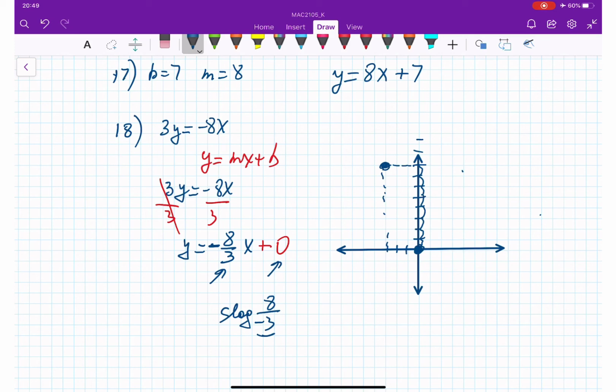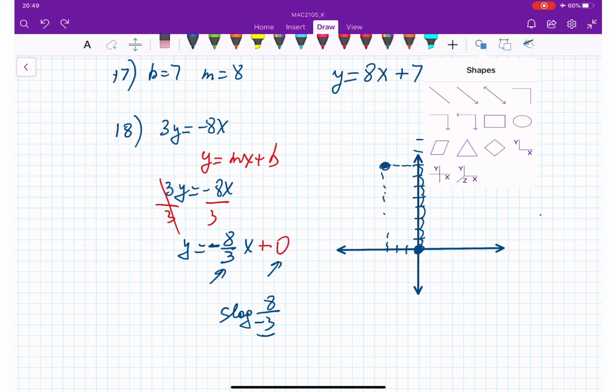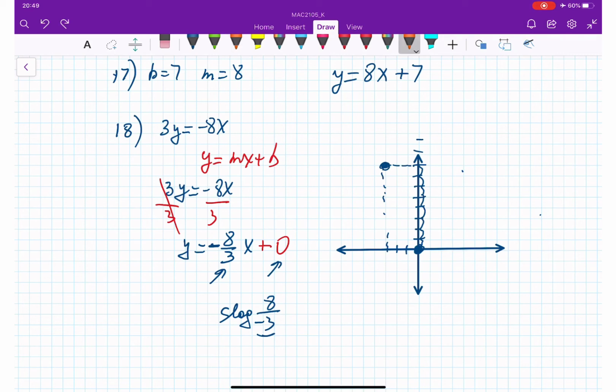This is going to be your second point, and the graph is going to look like, there we go. So we started with 0, because intercept is 0, moved up and came to the left by negative 3.